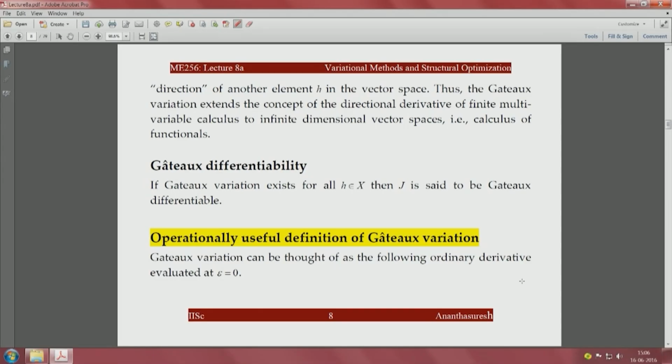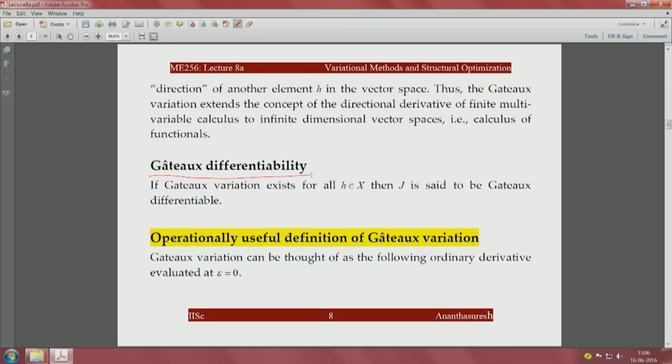So far we have discussed the equivalent of the derivative or gradient in calculus of variations, which is the Gateaux variation. Now we introduce a few more terms, something called Gateaux differentiability. We may not need it for this course, but it is good to be familiar with some of these terms.